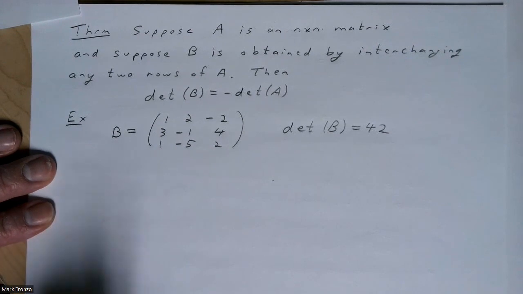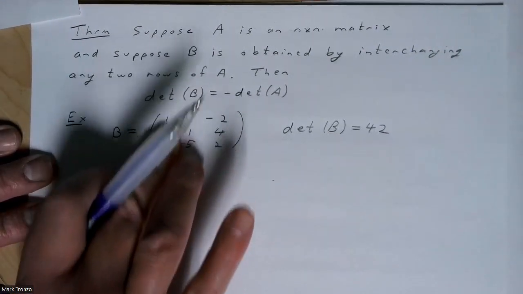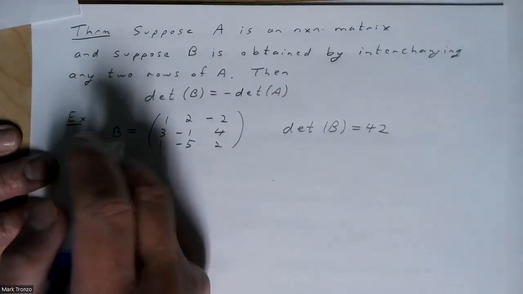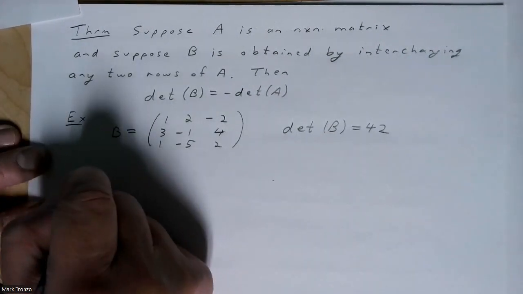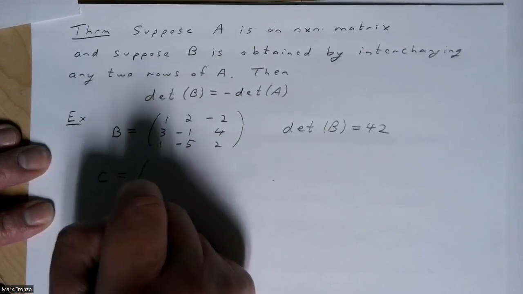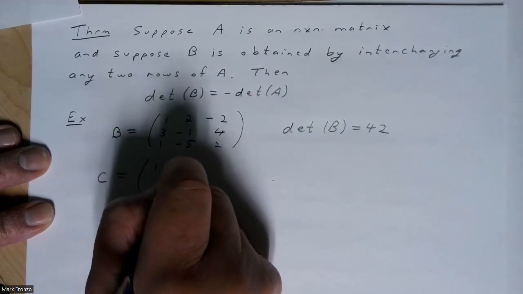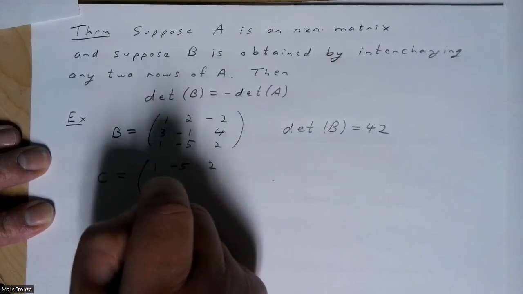So now let's interchange two of these rows. So let's say let's call the new matrix C. Let me interchange the first row and the last row.